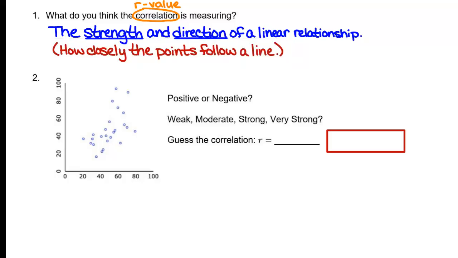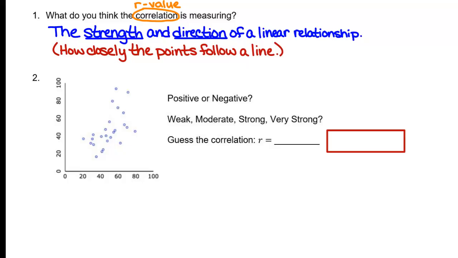How closely the points follow a line. So R is always going to tell us how closely those points follow a linear pattern.